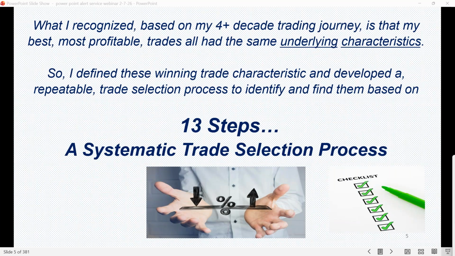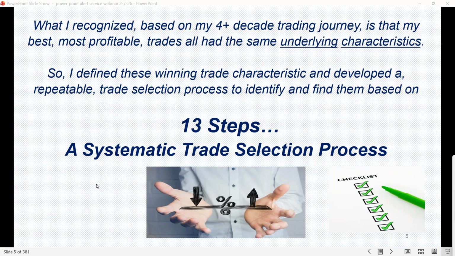Break them down and identify and define the winning trade characteristics, what made them a winning trade, and then develop that into a repeatable trade selection process to find these kinds of trades over and over and over. That's basically what I've done. I broke down all the winning trades, looked at their common characteristics of what made them win, and then put together a 13-step process for helping to select the trades that I set up in our trading room, or for alert trades that I send out.